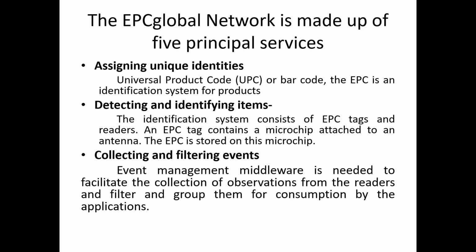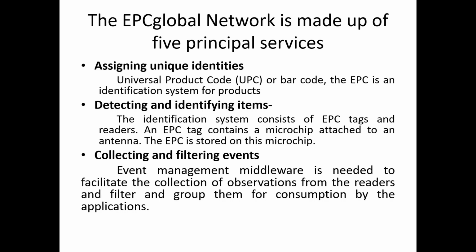Here are the five core principles of the EPC Global Network. The first one is unique identification of objects. Every item is assigned a unique electronic product code stored in the RFID tag. It ensures that no two products have the same identity, like a digital fingerprint.